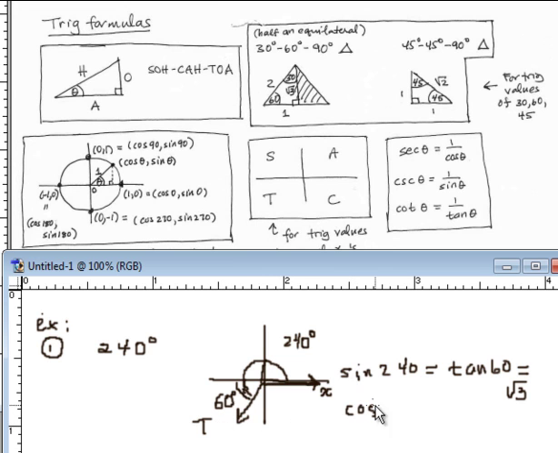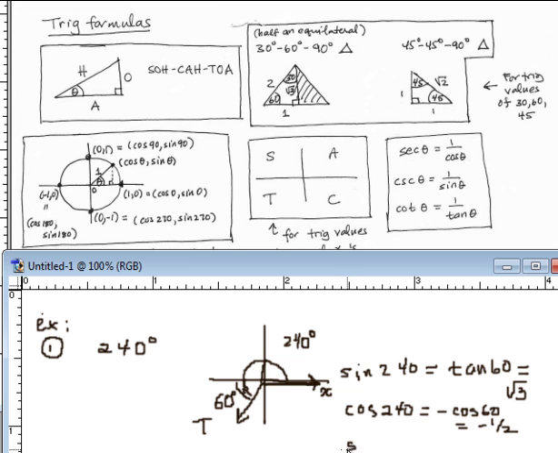Now we're doing cosine 240. That's minus cosine 60, which is minus a half. We got that from our triangle also.